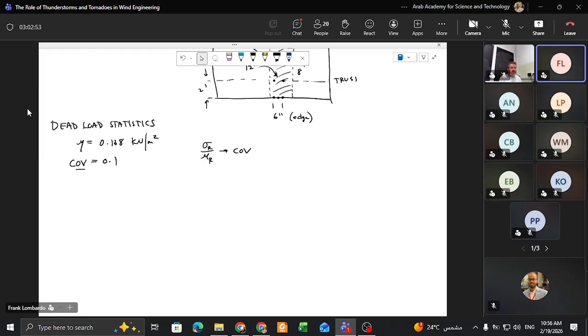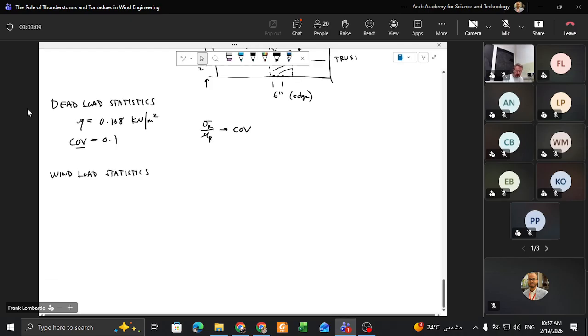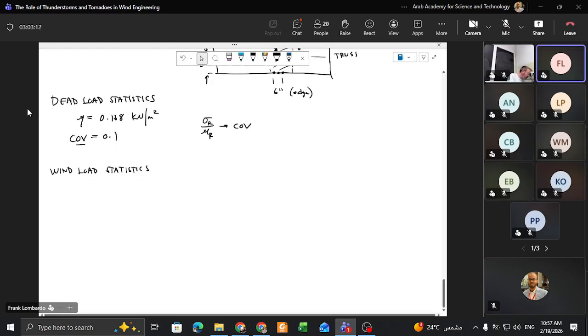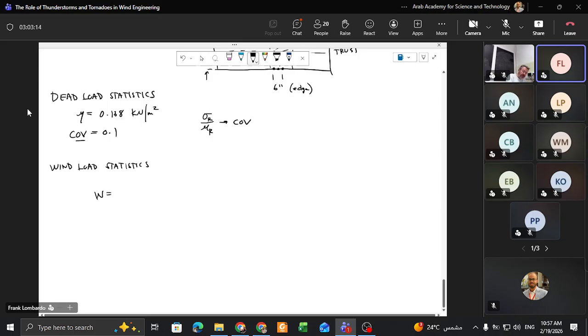So we have the resistance and we have the dead load. Now we're going to have the wind load. We're basically going to say that the wind load, we'll call W, is equal to Q, which is our dynamic pressure. We all did this yesterday: GCP minus GCPI.